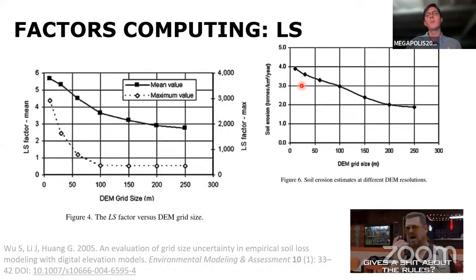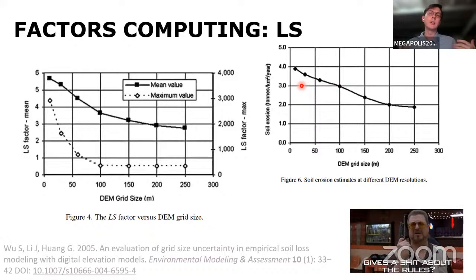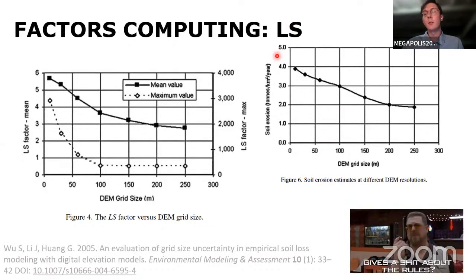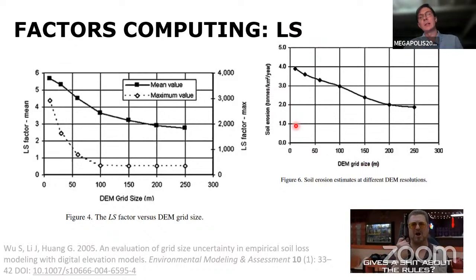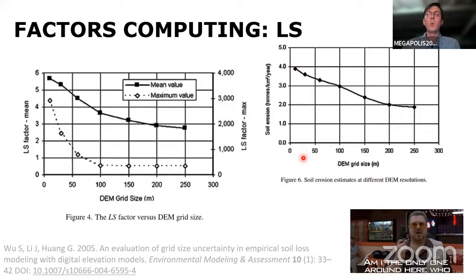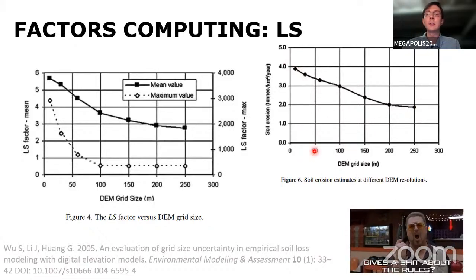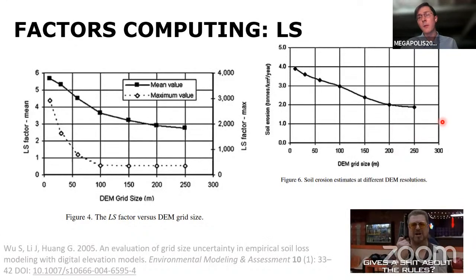So they're describing them really roughly, and therefore it affects the real soil erosion. For example, in this graph, you can see that soil erosion tends to decrease with increasing DEM grid size. So the coarser the DEM, the lower the modeled erosion is.